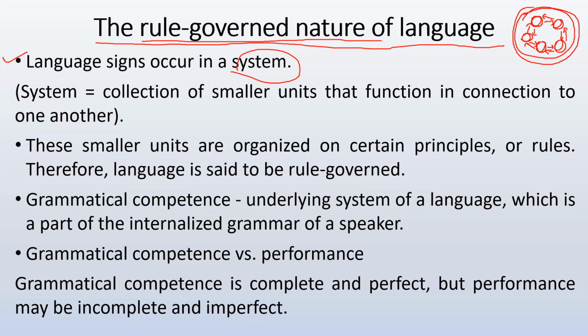So what are the smaller units that we can find inside the language? Do you have any idea? If you know something, or if you can guess something, you can talk. What kind of smaller units do we see in any language?